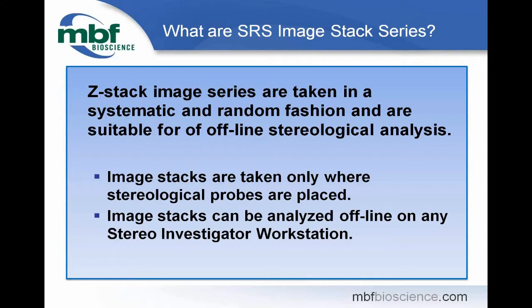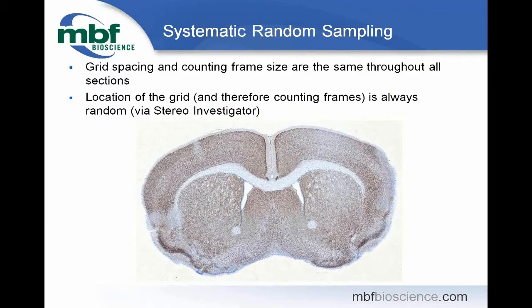Let me expand a little bit on the topic of systematic random sampling. Systematic random sampling involves having the user determine or define the distribution of stereological probes, or in this case image stacks, but not their location. This graphic shows the placement of acquisition sites, illustrated as small black line squares, and their systematic placement in reference to each other within the user-defined contour.